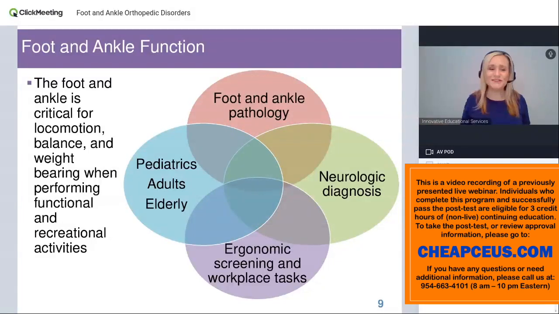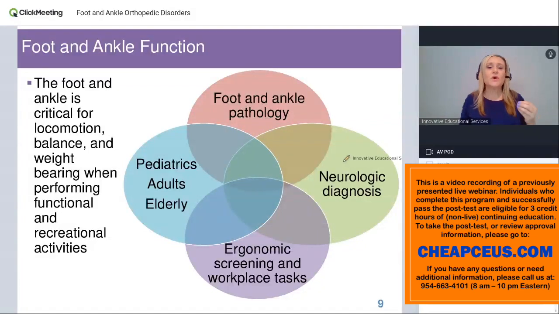First, of course, we need to start just generally speaking about the foot and ankle and revisiting some of that anatomy that we are focusing on today. We know that the foot is the first thing to hit the ground. It provides that stability, that base of support, as well as shock absorption as we perform locomotion, balance, and different weight bearing activities for function as well as recreation.